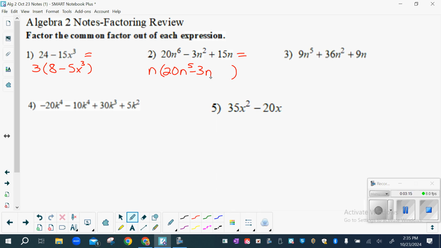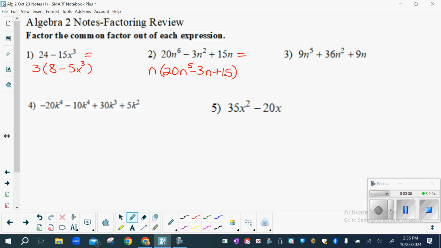Okay, and then what would go last here? Plus 15. So don't forget that last term. You have to be able to take this and multiply it out to get back up to here. A really common mistake is to leave that last term out.